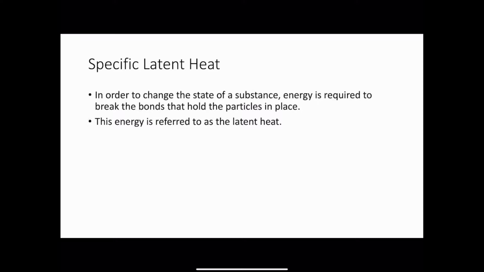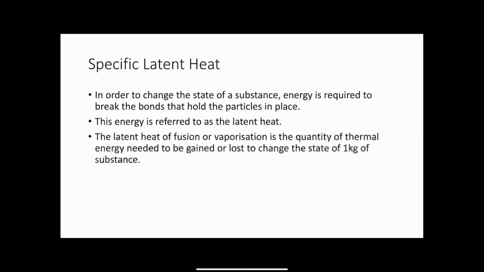In other words, the specific latent heat of fusion, which remember is when we have a substance that is melting or freezing, or vaporization, so that's boiling or condensing, is the quantity of thermal energy needed to be gained or lost in order to change the state of 1 kilogram of substance. And we have a much more simple equation to define the specific latent heat, which is that Q is equal to M times L.